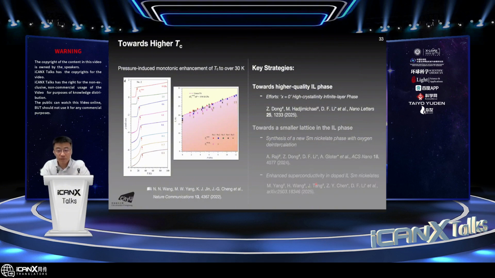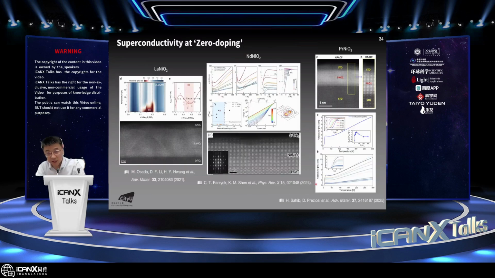Okay. So for the first part, although I'm not going to talk about this in more detail, I just want to bring in this interesting question, at least to me, about zero doping superconductivity. Okay, so as I mentioned, chemical doping is needed to introduce extra charges for superconductivity, right?